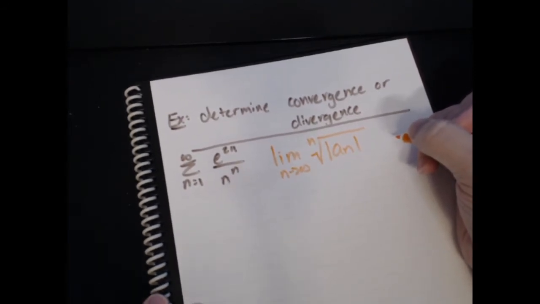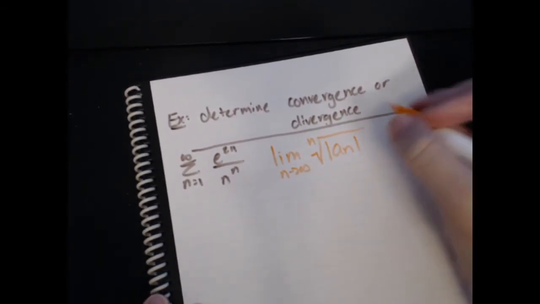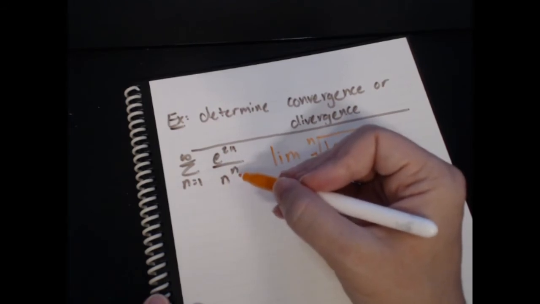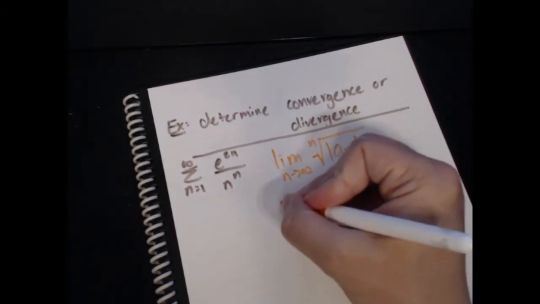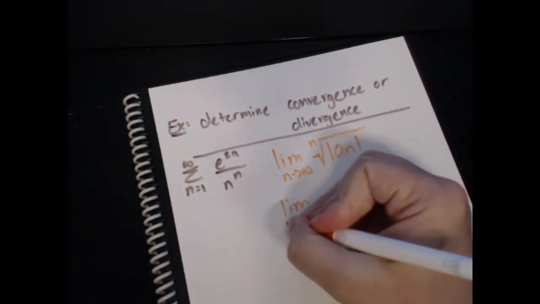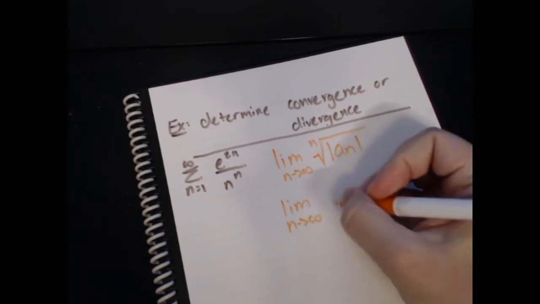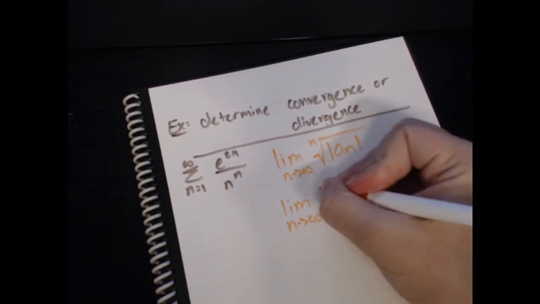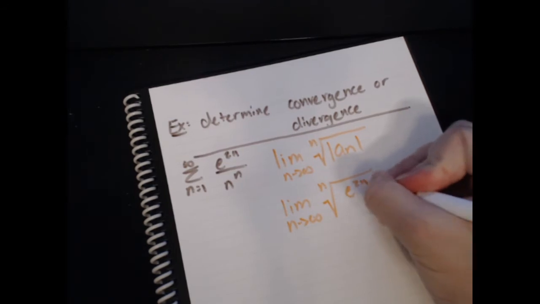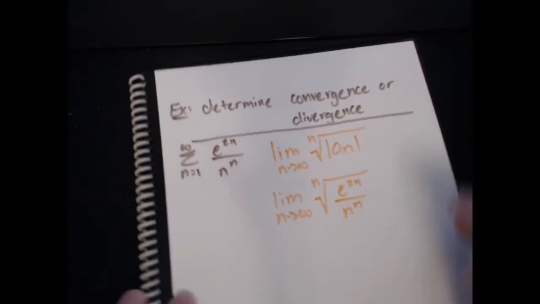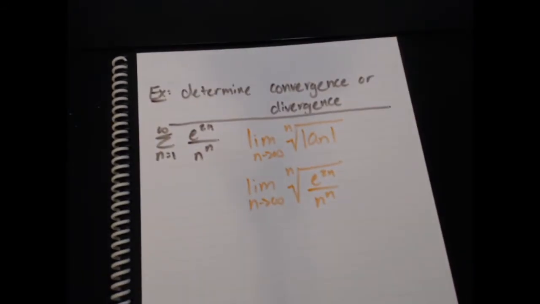That's our little property from yesterday. A sub n is already here, so really we're saying the limit as n approaches infinity of the nth root of e to the 2n over n to the n. So that's our setup.